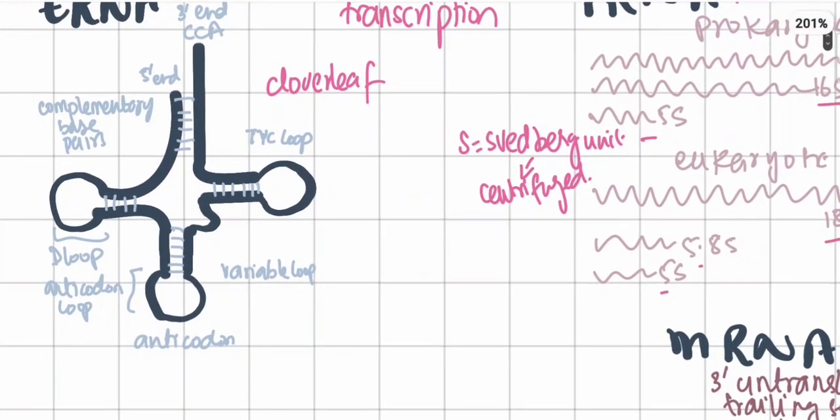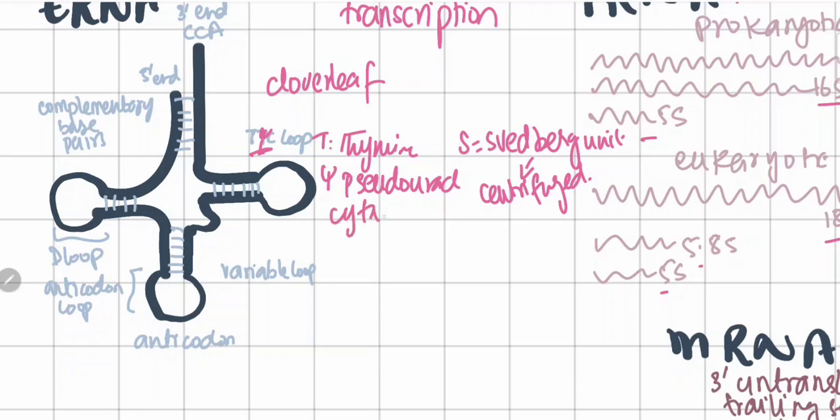But right here you see there are loops. This is the thymine pseudouracil loop. This sign means pseudouracil, and this is T, and then the cytosine loop.